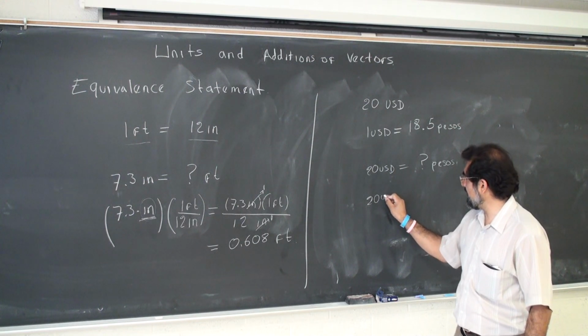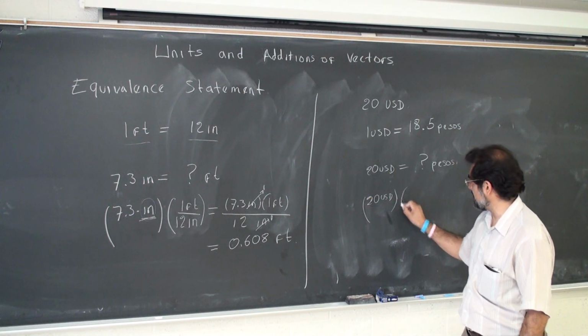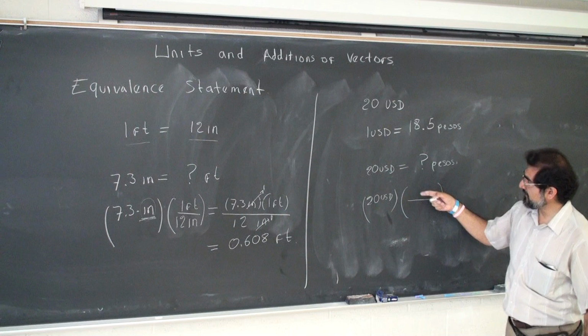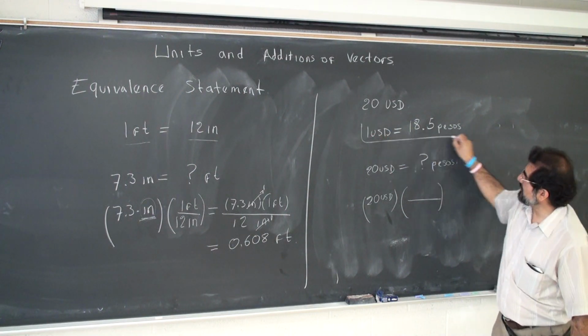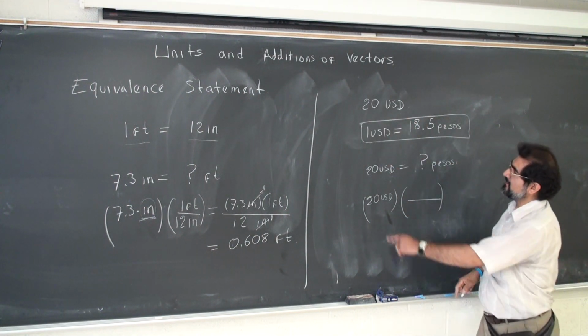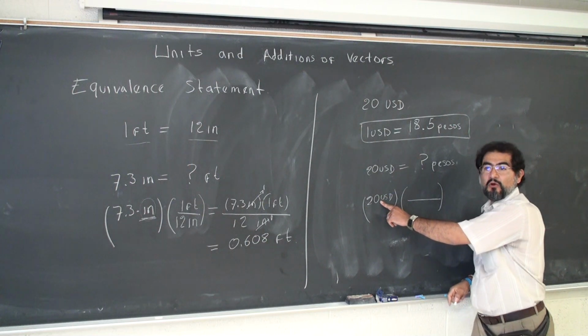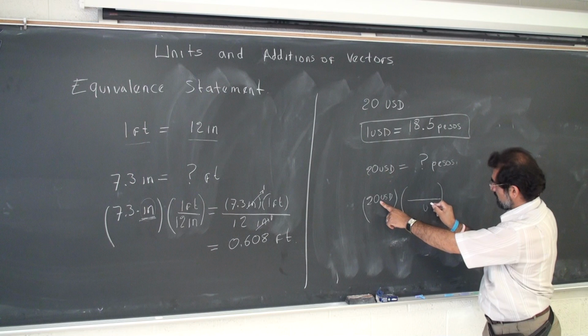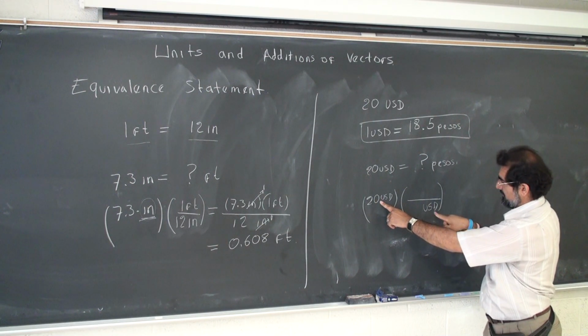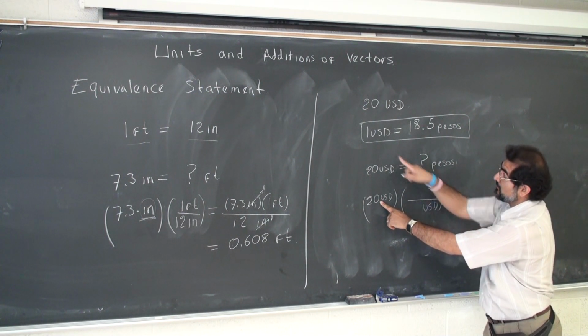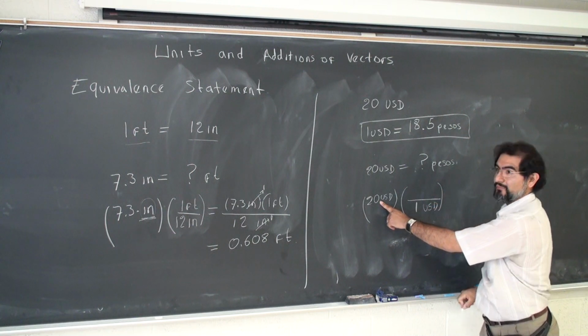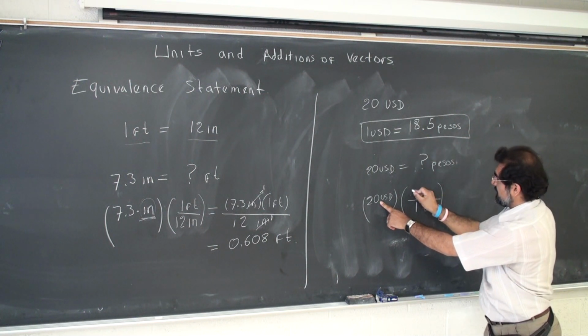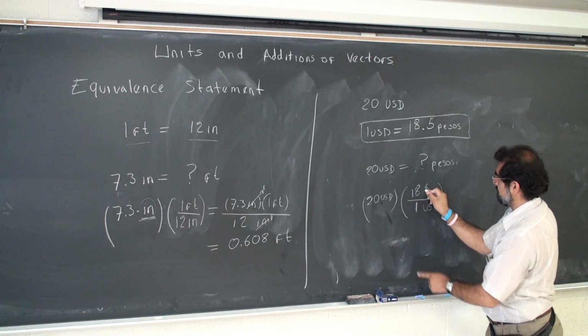We are going to apply exactly the same that we just learned. In fraction, use the equivalence statement, but pay attention to cancel the unit. We have multiplication, so we are going to write dollars in the denominator, the division. So we have 1 associated, we keep 1. So we have here 18.5 pesos.